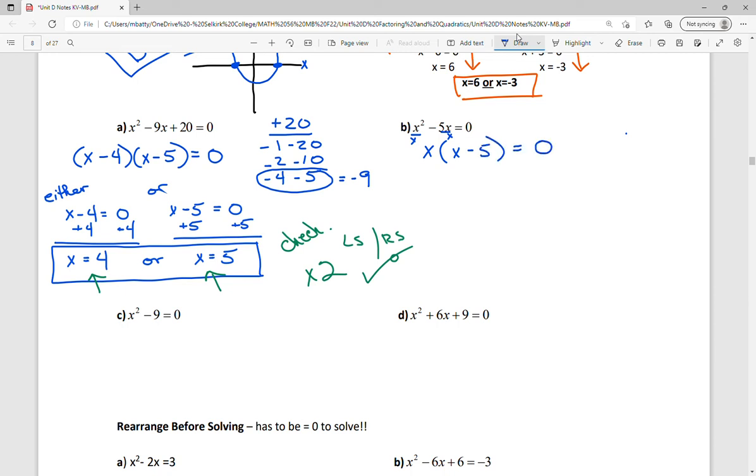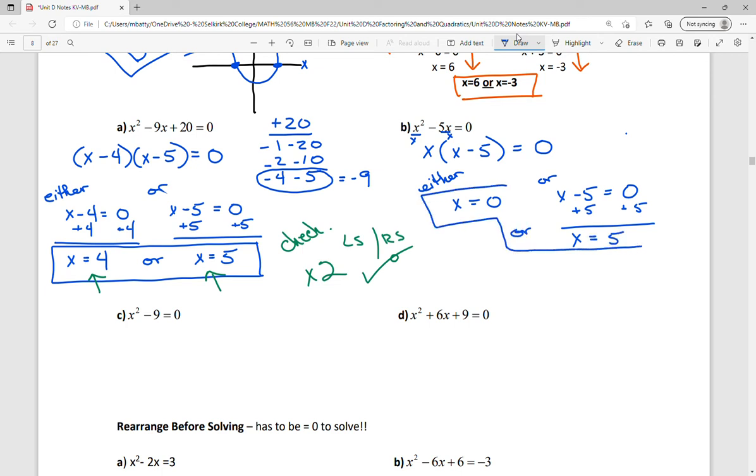And so now when I apply my zero product principle, either x equals 0 or x minus 5 equals 0. So x equals 0 is done. I don't have to do anything with that one. But this one, I'm going to finish solving for x and get that x equals 5. So again, two options on these, either x equals 0 or x equals 5.